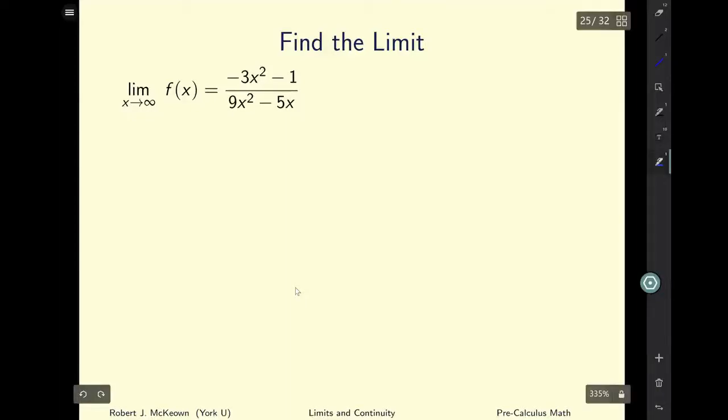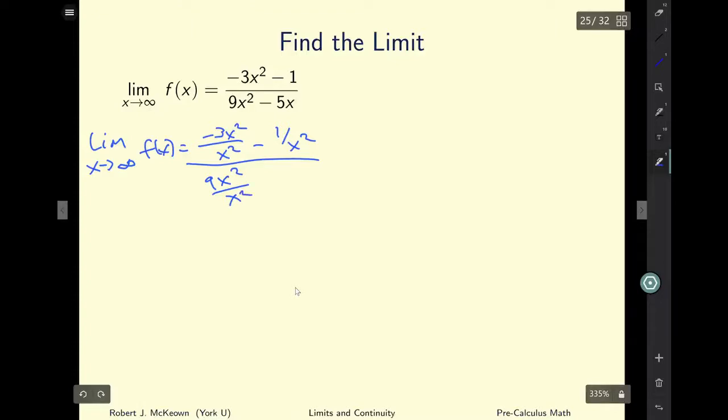Now, remember that the first step is to divide the numerator and denominator by the highest order x term in the denominator. And so that's our x squared here. So we're going to divide the numerator and the denominator by x squared. So I've got x approaching infinity. f of x is equal to negative 3x squared divided by x squared minus 1 divided by x squared, divided by 9x squared divided by x squared minus 5x divided by x squared.